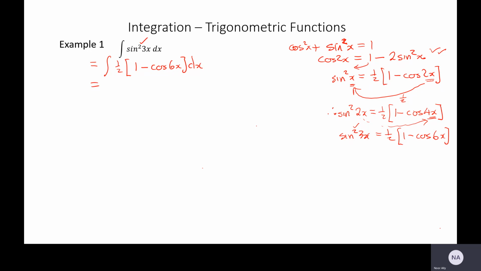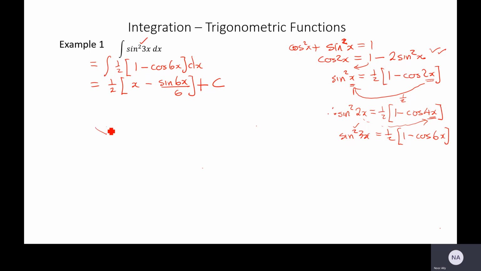You want to integrate separately. A half. What is the integral of 1? That is x. What is the integral of cos of 6x? It's sine of 6x divided by 6 plus my constant c. That's your answer. Nothing much to that.